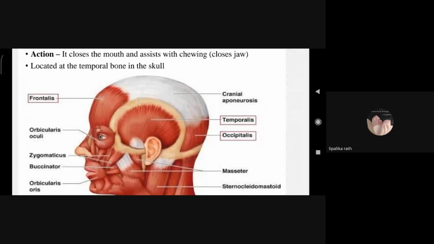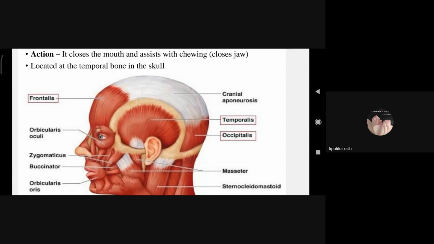It is forming the forehead, and at the back side of the head you can see occipitalis muscle. Now the side of our head, or our ear region, is known as the temporal region. Here the temporal bone is also present.